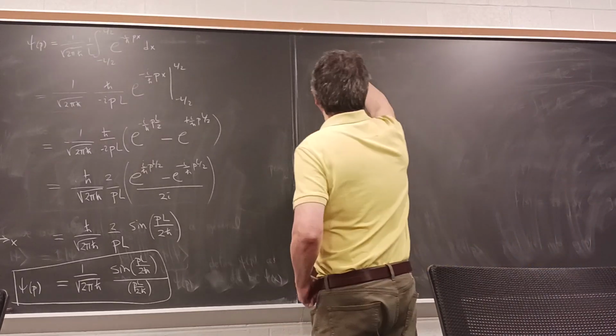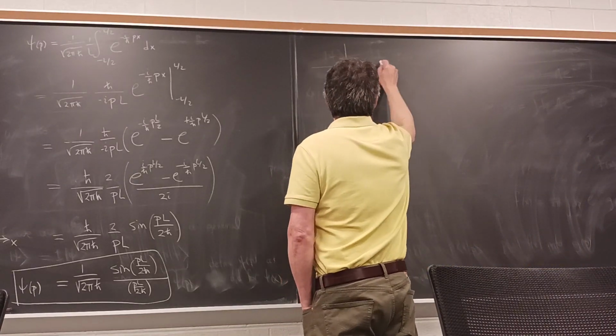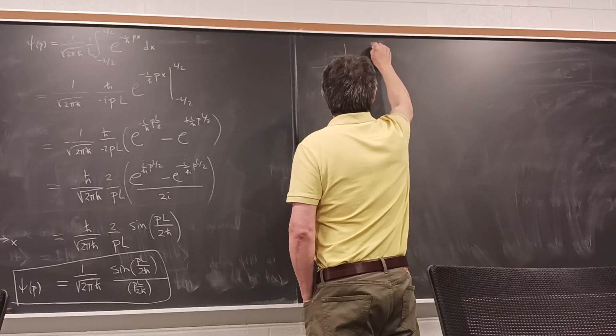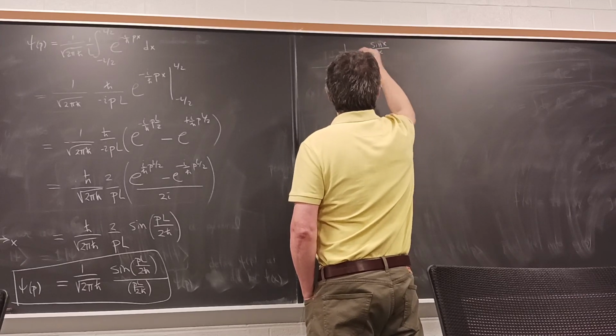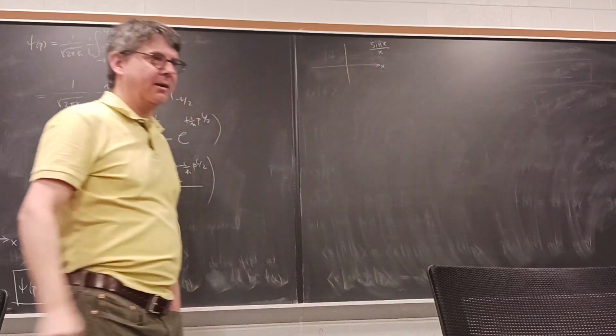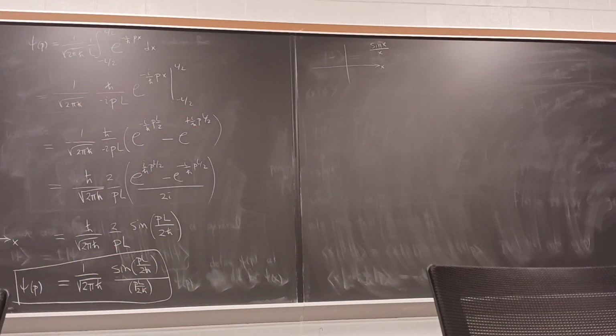What does this function look like if we plot it? If I were to just plot sine x over x versus x, what does it look like? It looks like a sine function where the oscillation gets smaller over space.